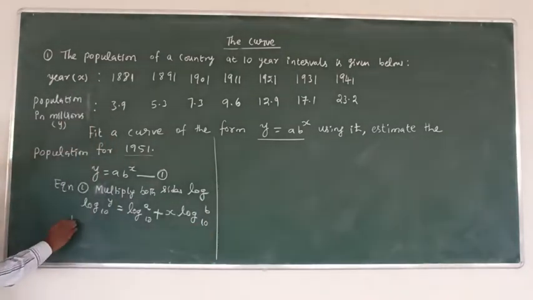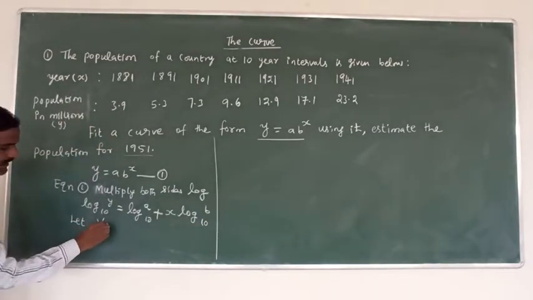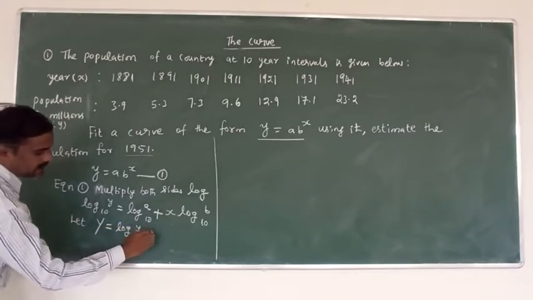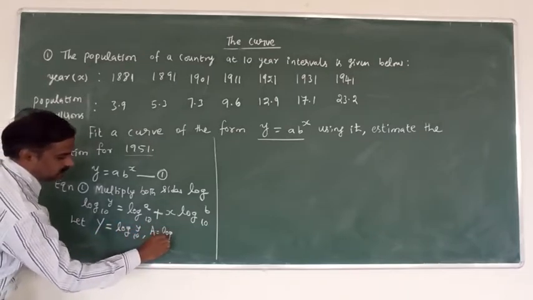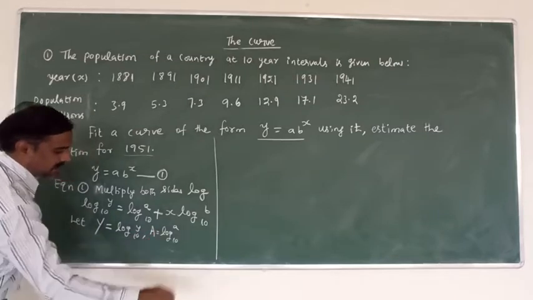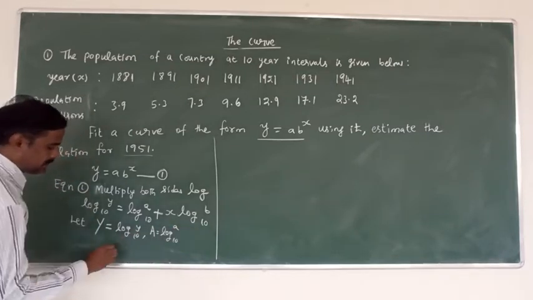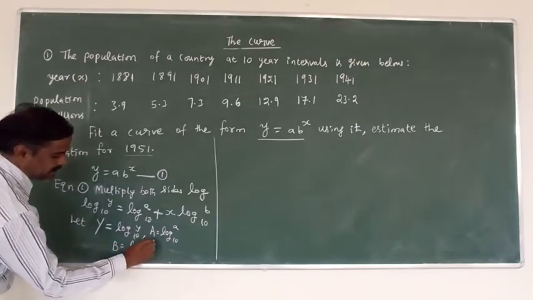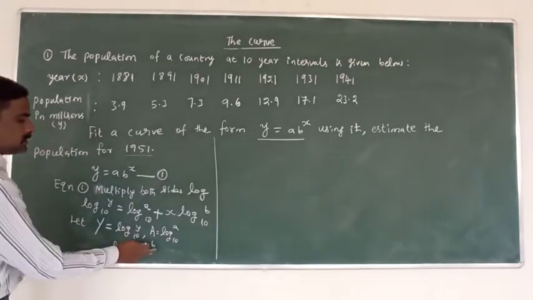Next, let capital Y equal to log 10 y and capital A equal to log 10 small a, and then capital B equal to log 10 power small b.